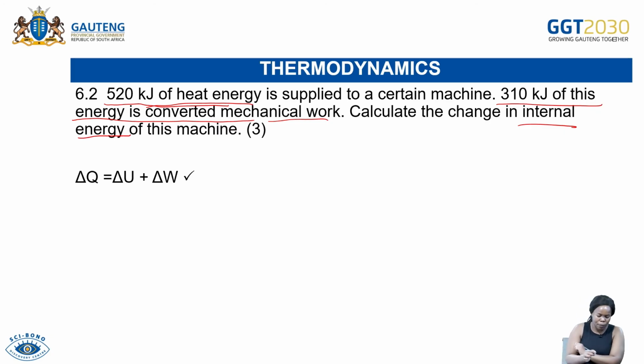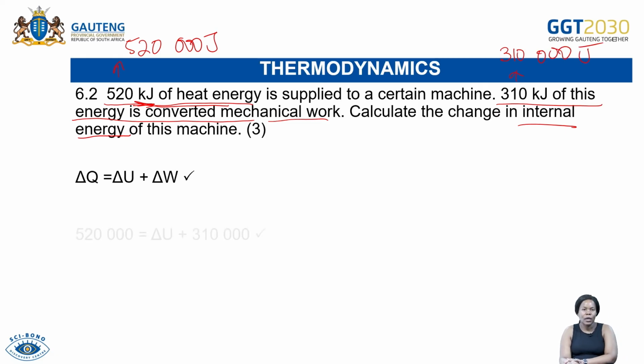All right, so 520 kilojoules, remember energy has to be in joules, so this kilo means 1,000, so this means that it's 520,000 joules, and this is going to be 310,000 joules.